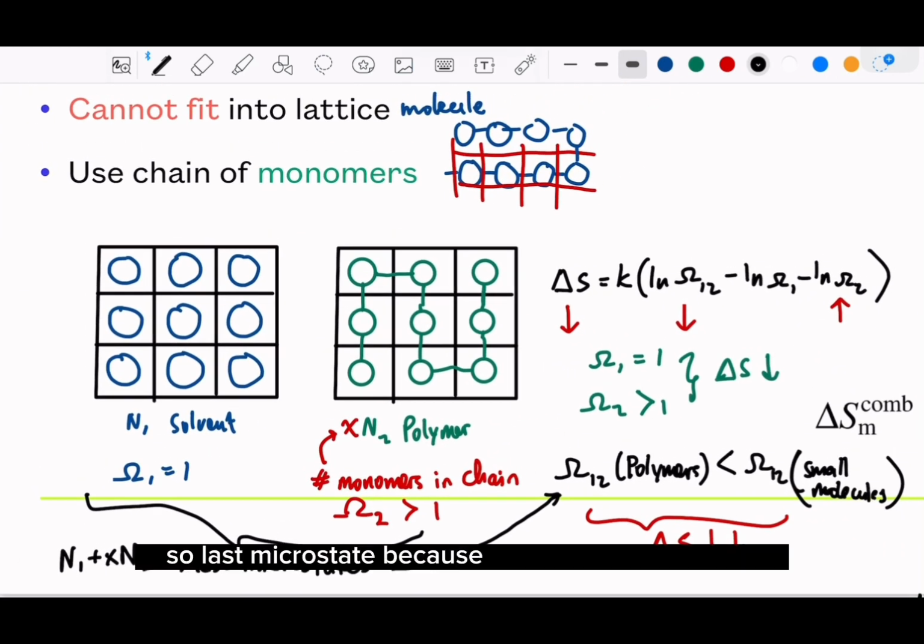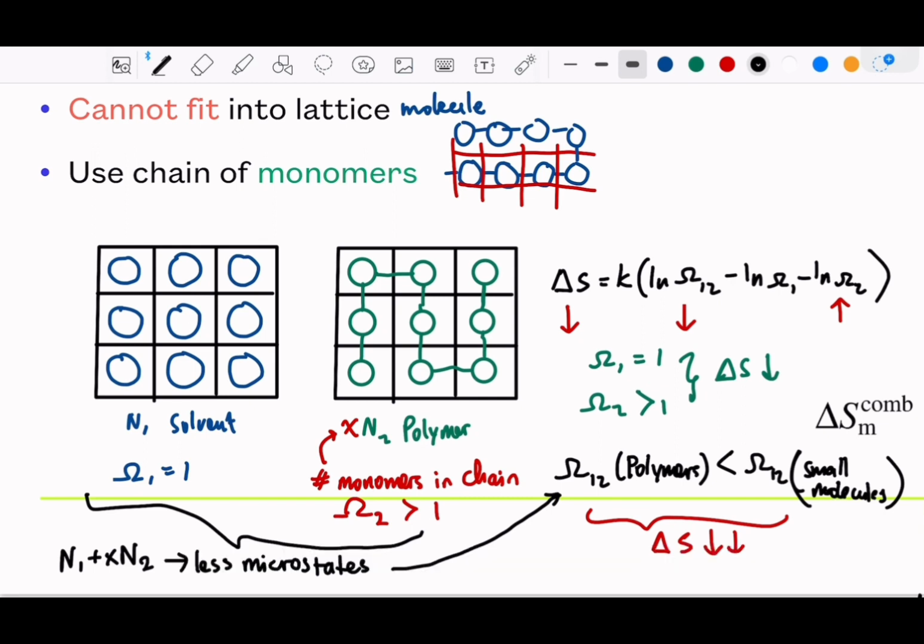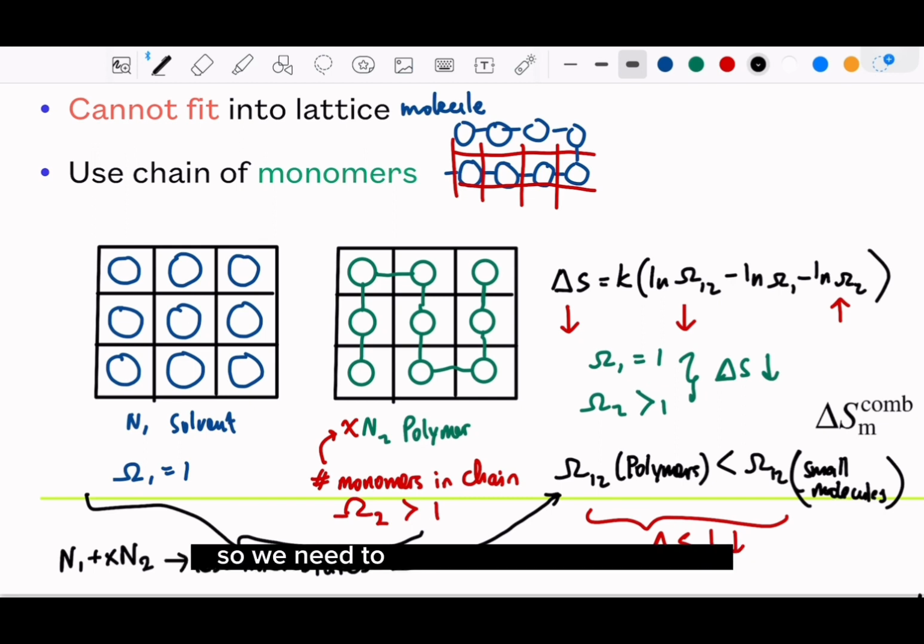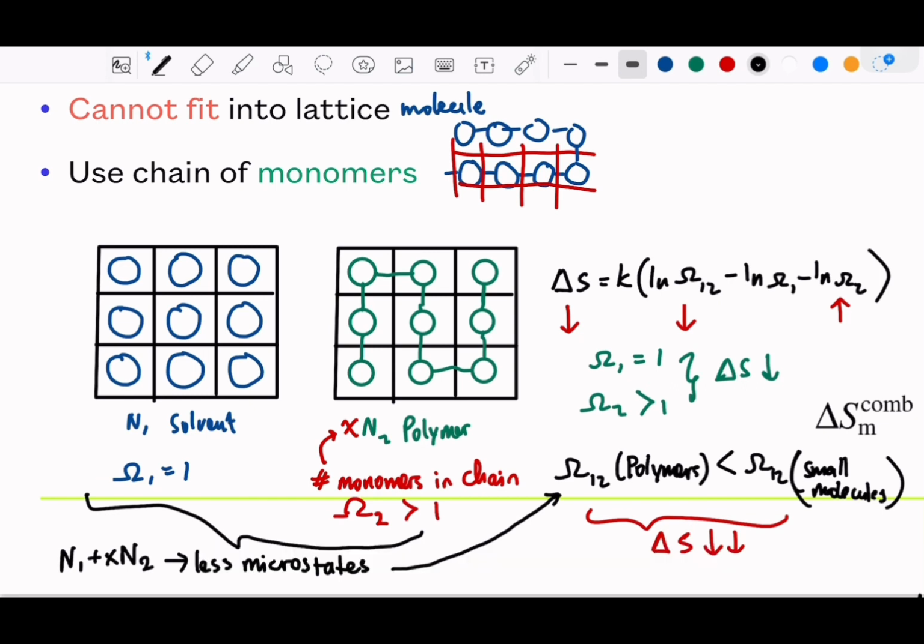So fewer microstates because we multiply with this x, and then the way they can move will be limited. Okay, that's precisely if we try to draw. If we see the drawings, this is going to be not easy to move, right? So we need to have another assumption for this one.